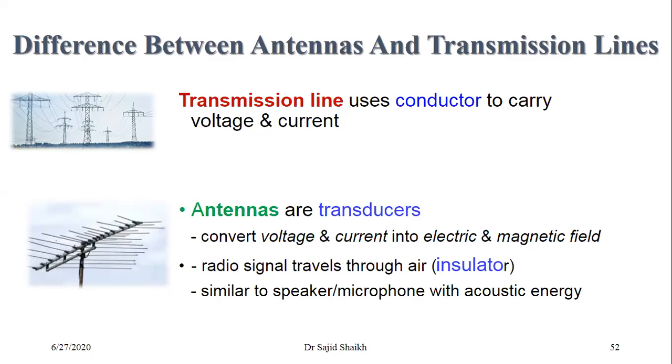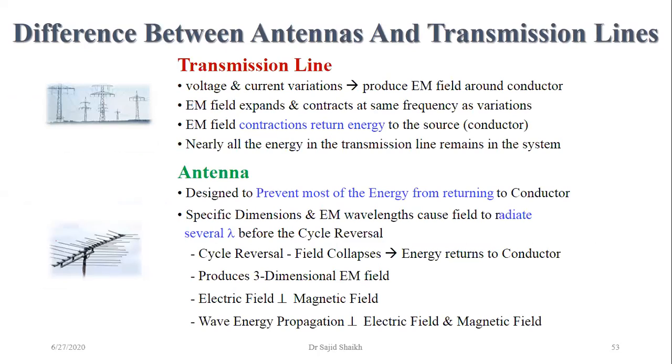Now the second difference is that in transmission lines, whatever energy we transmit remains within a circuit. This is a very significant point. You have to understand this. When we talk about any circuit, the circuit has to be a closed loop.